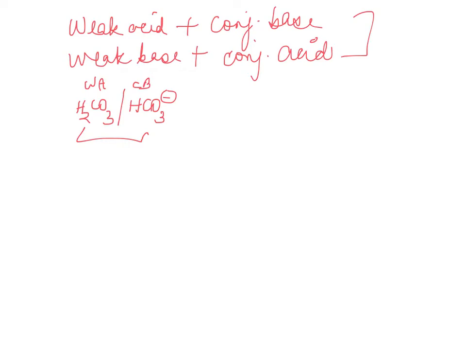You could have ammonia with ammonium, where ammonia is your weak base and ammonium is your conjugate acid. So a weak acid by itself, even though it partially ionizes to form some of the conjugate base, does not contain sufficient base to behave like a buffer.